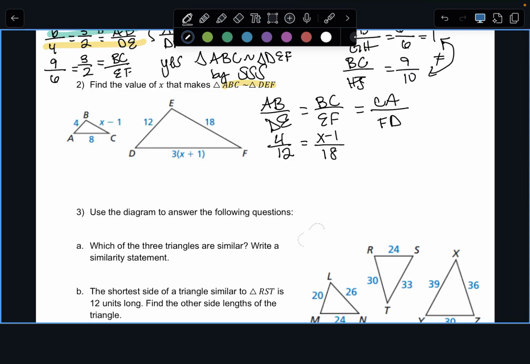And I'm going to pause it there because I have enough to solve this. What method do I use to solve this? Butterfly. So 12 times x minus 1. You have to be extra careful here. You have to put that x minus 1 in parentheses, and we're going to distribute it. Okay? And then 18 times 4 is 72.